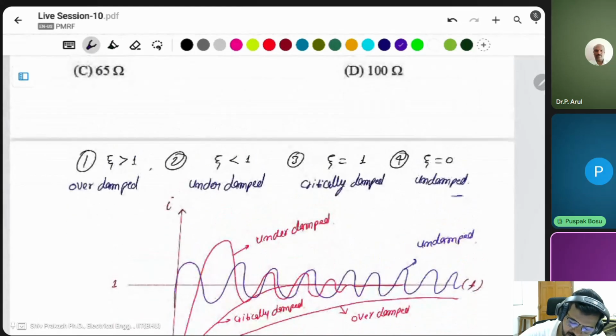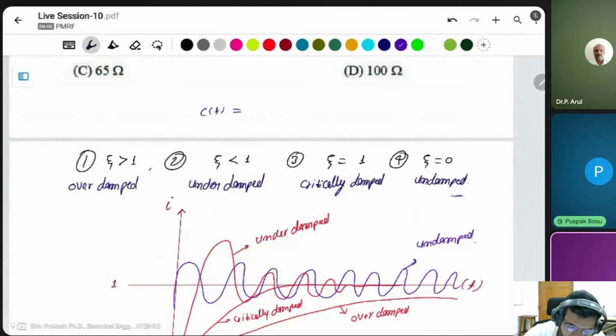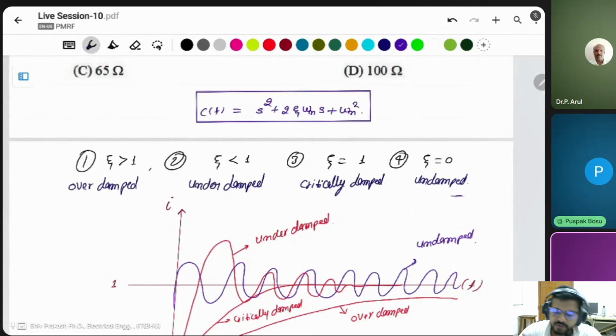This is the second order system. We know about the second order system. Its response is denoted as s square plus 2 zeta omega n s plus omega n square. If a second order system is there, then the system has some natural frequency and damping.